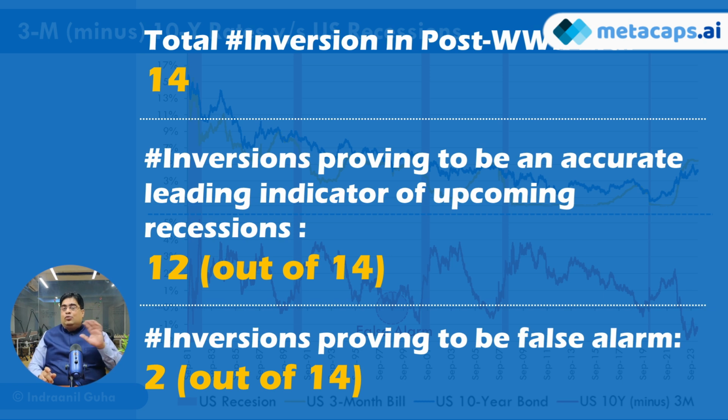So overwhelmingly, it has been a reliable indicator. How many times has it proved to be a false alarm? Twice, 2 out of 14 times, in 1966 and then in 1998. So clearly the odds are stacked overwhelmingly in favor of the yield curve inversion being a reliable leading indicator of an upcoming recession rather than a false alarm. Of course, the possibility of it being a false alarm is always there.